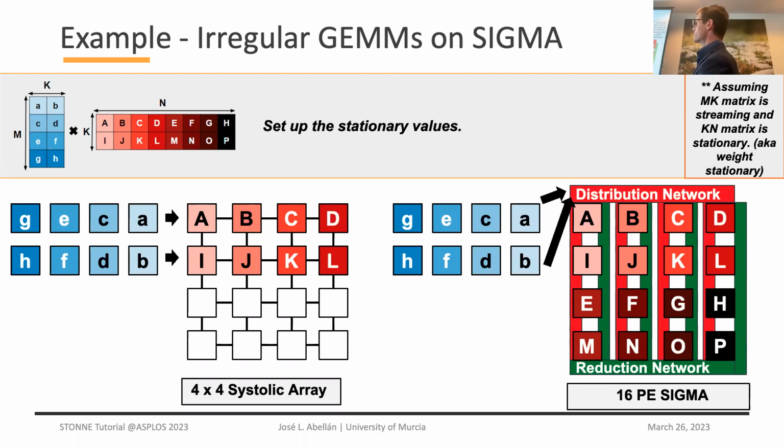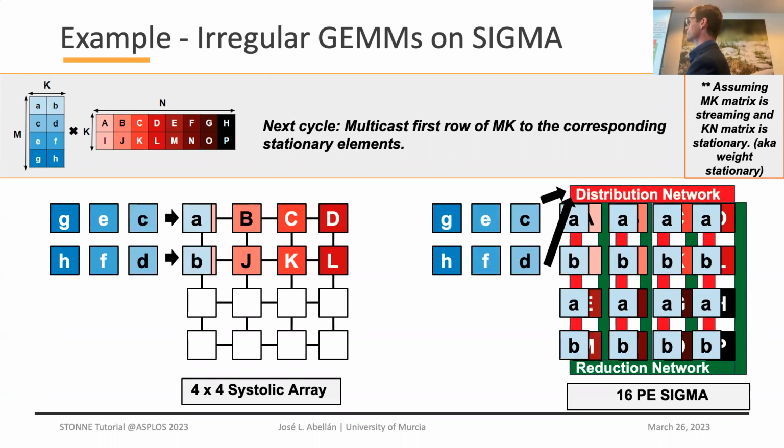We assume here 16 processing elements in order to have a fair comparison. So the first step is to make all the values stationary. Here, we cannot do all of them. But thanks to the flexibility that the distribution network enables, we can map all that we can fit onto the accelerator. This is the first stage. The second stage is just to multicast all the elements of the first row to the particular processing elements that need to process those elements.